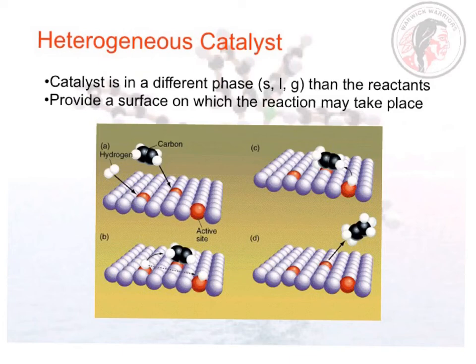So what this picture shows is hydrogen atoms being bonded to some sort of an organic molecule here. So those reactants are both gases, but the catalyst itself is a piece of platinum metal, and that's a solid. So the catalyst is in a different state of matter than the two reactants, and that's what makes it heterogeneous.